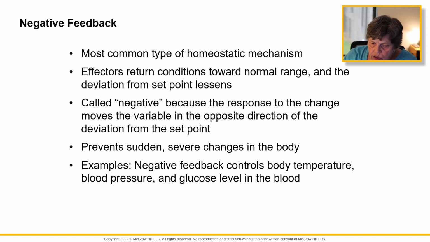Just like the example that I gave you with the glucose dropping too low, you're going to make a positive response by putting more glucose into the system. If you have too high a level of something, i.e. blood pressure or body temperature, the body will try and drop it back down. So it's going to go the opposite direction from what it is sensing.